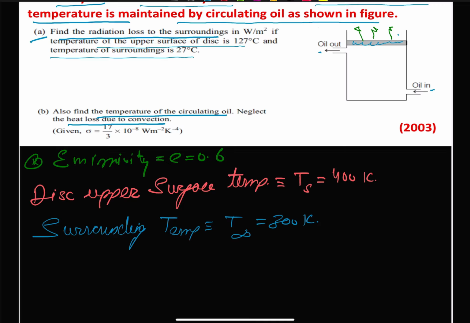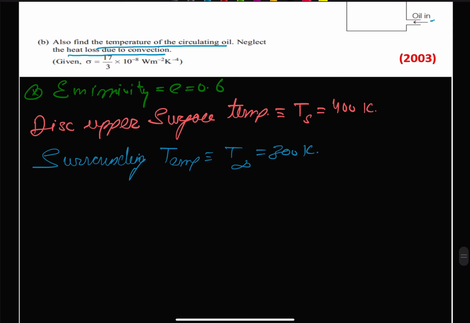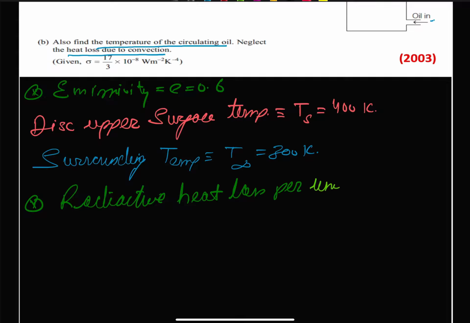So first of all, let's find the radiative heat loss per unit area, and for that we can use the Stefan-Boltzmann law.